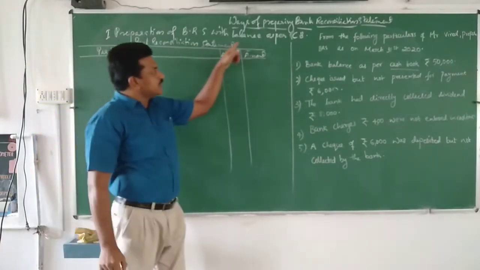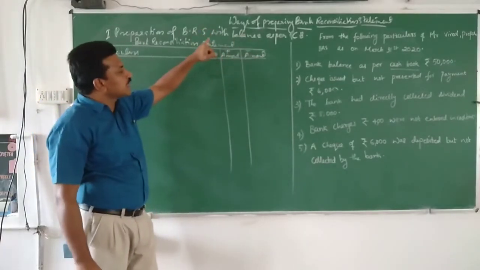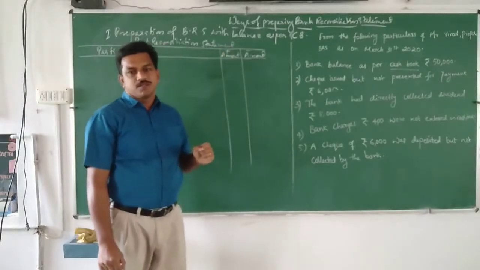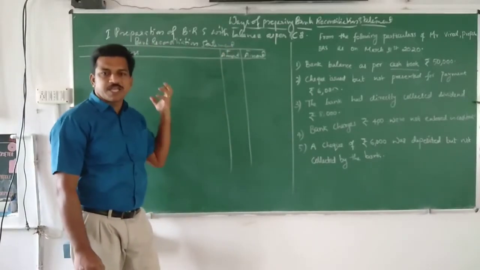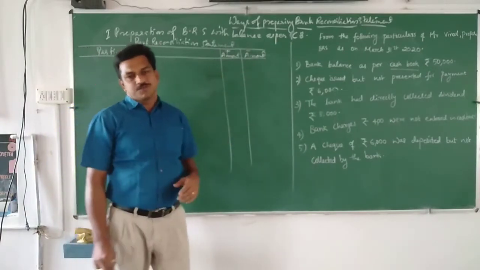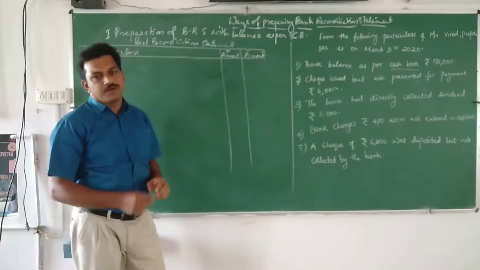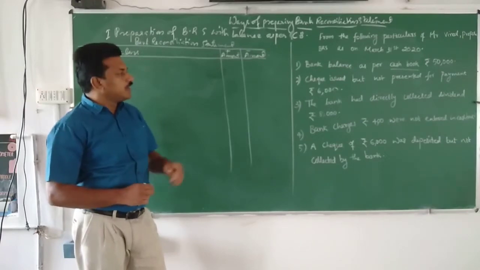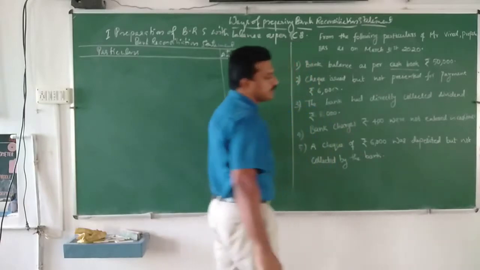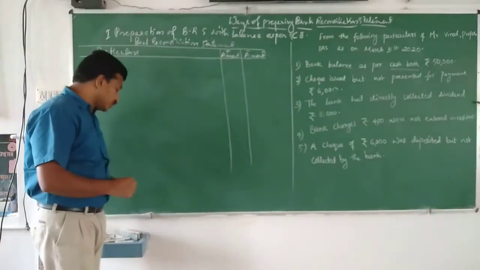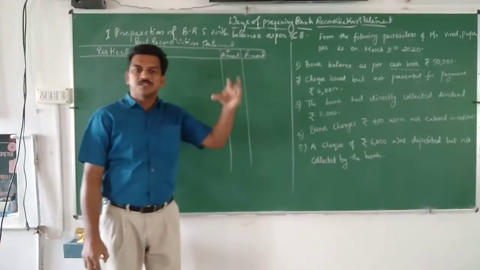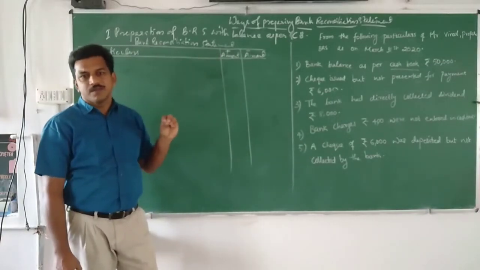Now let us see the condition. We are starting with the cash book balance. So since we start with the cash book balance, we have to get the bank balance. Let us see the first one. Check issued but not presented for payment. We issued a check, which means we deducted that money.